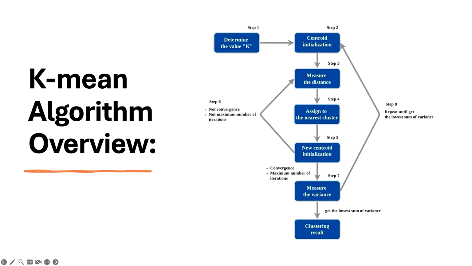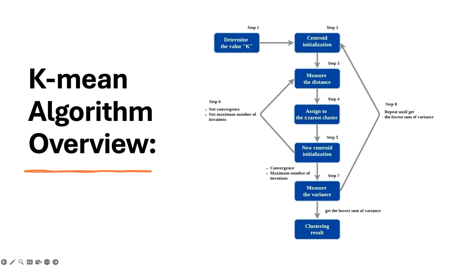So here is the general pipeline of the k-means algorithm, in which first you make a scatter plot and set some value for k. Then you initialize some centroids and start measuring the distance to other data points.